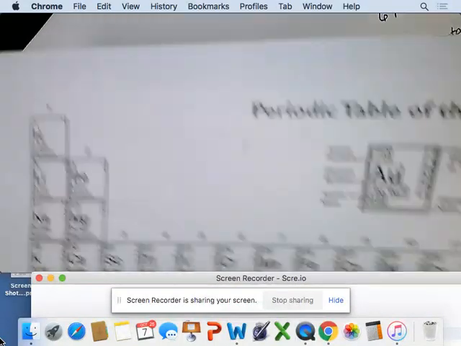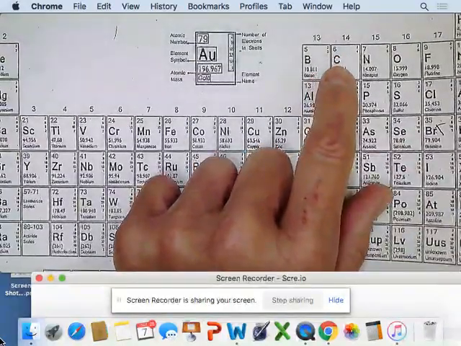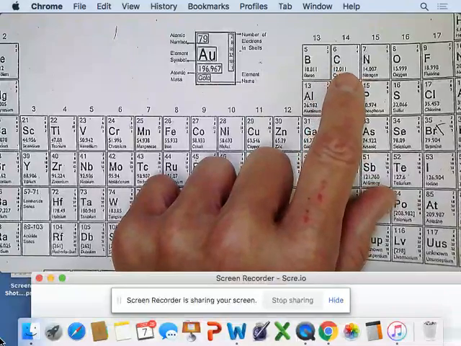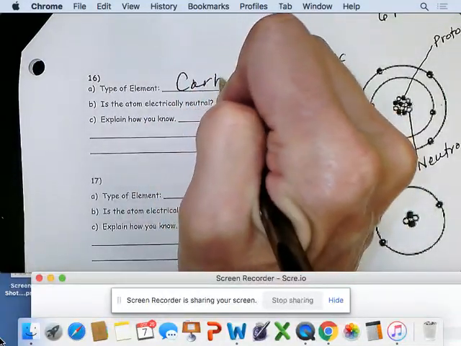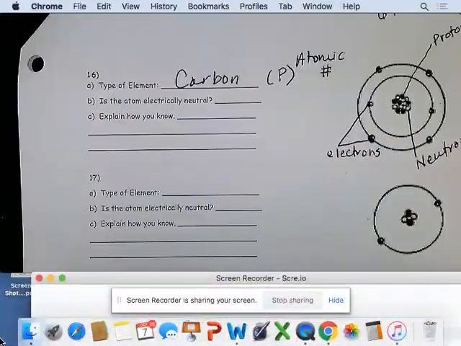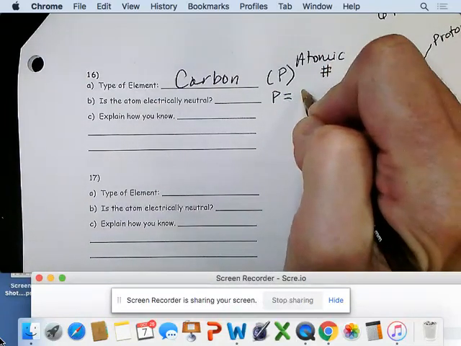Okay, so we're going to go ahead and find atomic number 6 on our chart. It tells us that that is carbon, because remember, our proton number never changes. So the type of element is carbon. Now we want to find out if it's electrically neutral. So what we want to know is, does our number of protons equal our number of electrons?